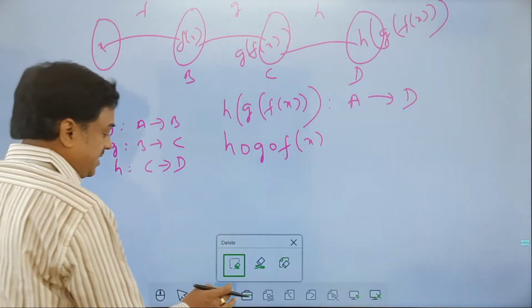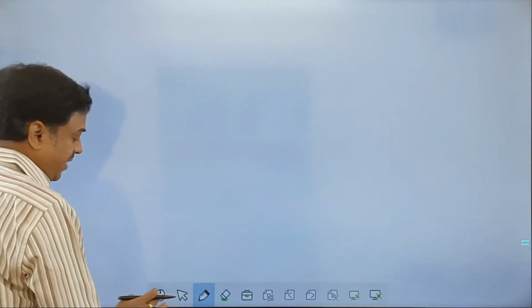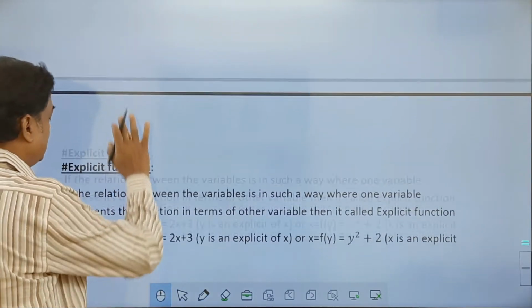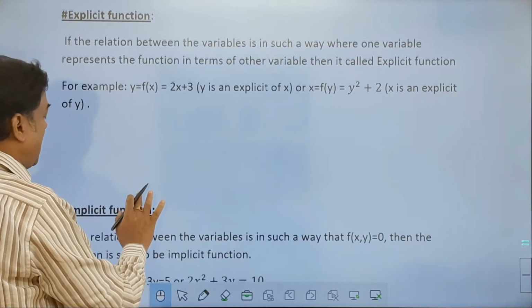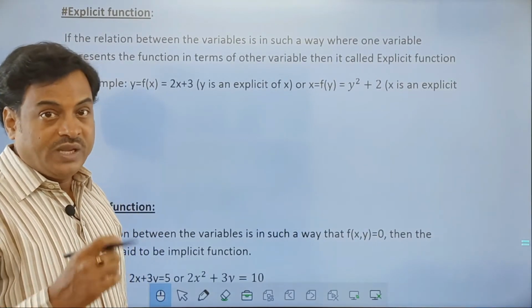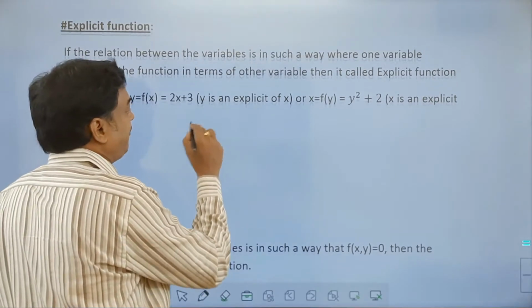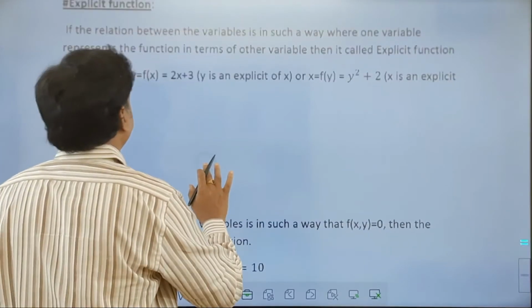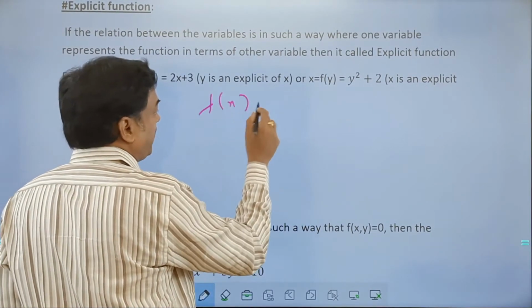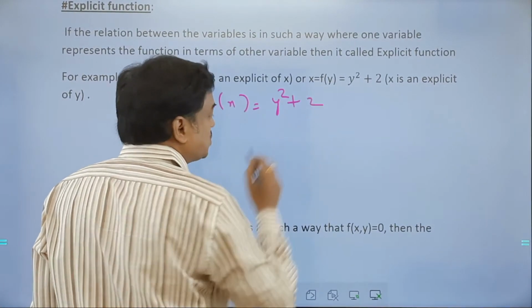Now let us move on to the next final tips, final important points which we need to remember about functions, and that we'll see here: explicit function and implicit function. Now what is an explicit function? Sometimes you'll write f of x as f of x is equal to y square plus 2.